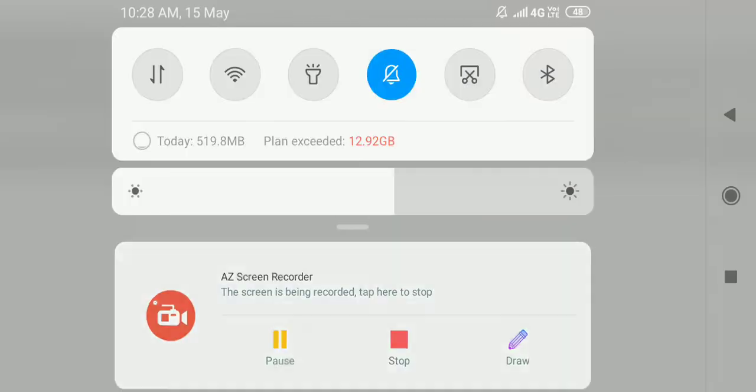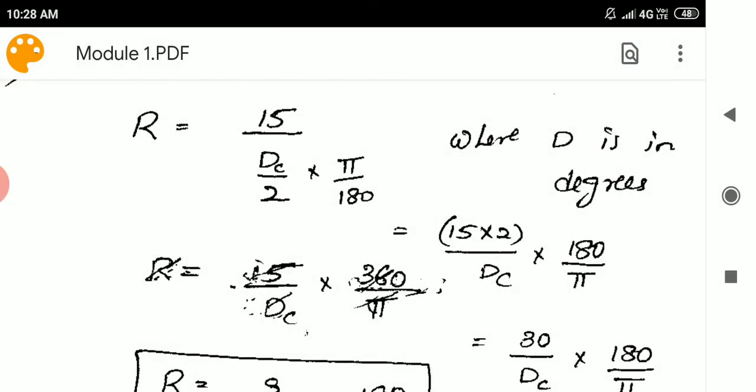If I remove sin, it remains only DC by 2. So in this case, 15 is PS, and DC by 2 times pi by 180. If it is pi by 180, then it is in degrees.